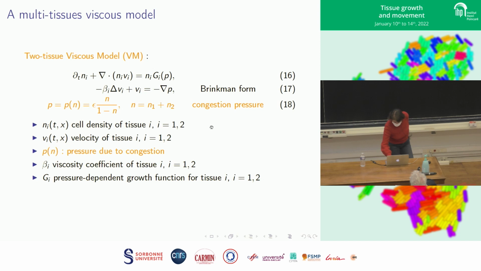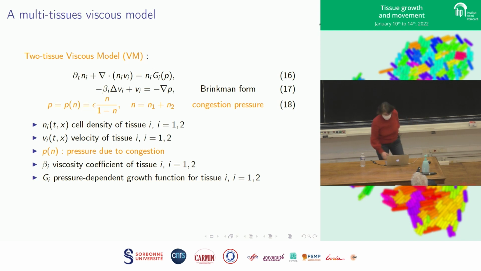In the first model, we can just adapt the previous case where we had only one species, and we say that our pressure P is the same for N1 and N2, to simplify, and it is the congestion pressure, the same as before, singular, epsilon n over 1 minus n, but now n is the sum of the two densities, so it's the total density of tissue.